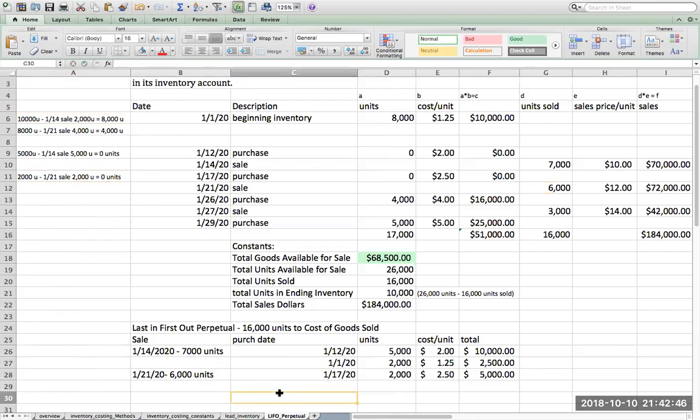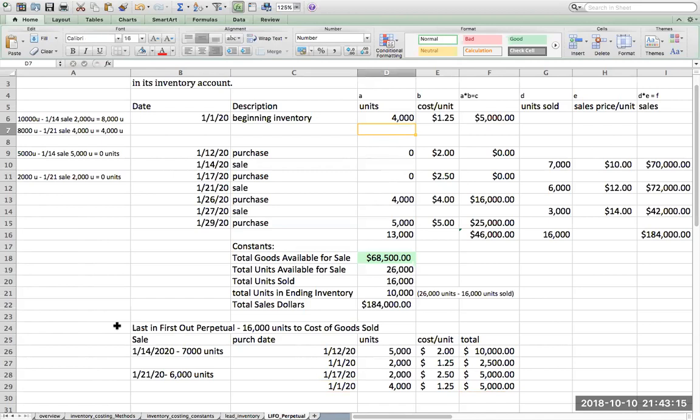So I'm going to pull this from my beginning inventory, and I'm going to have 4,000 units here at $1.25 for a total of $5,000. Once I've expensed 4,000 of these units to cost of goods sold, this number is now 4,000. So as I look at this so far, we're doing LIFO Perpetual.